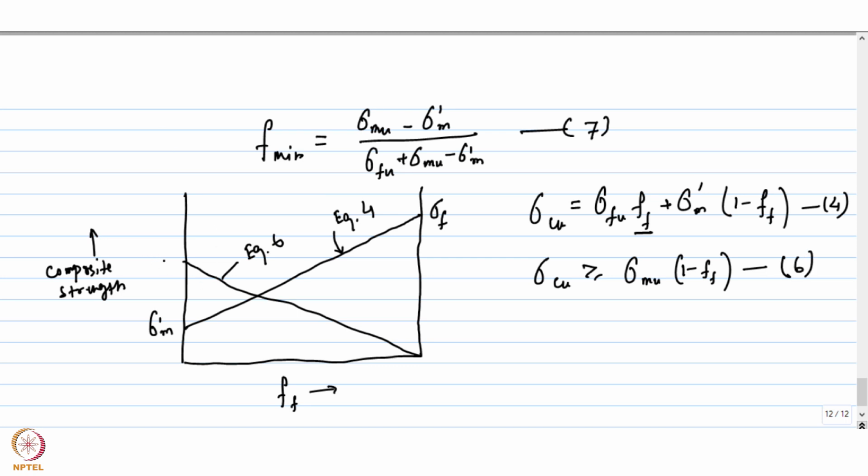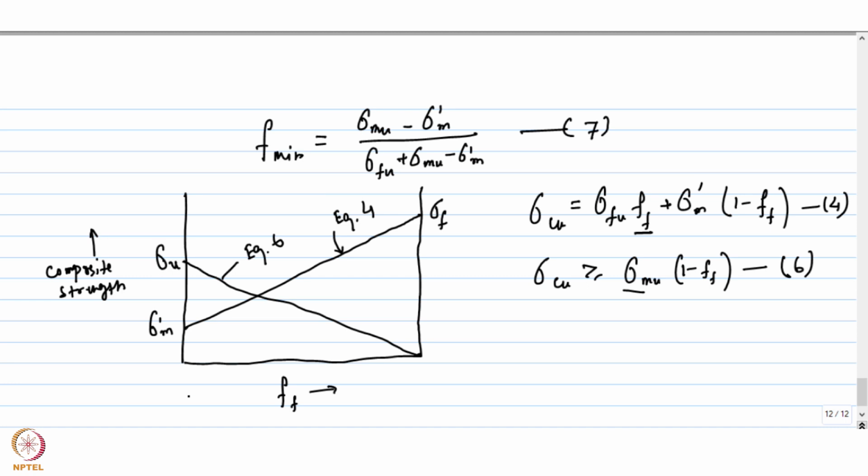So when Ff is equal to 0, it is simply the ultimate tensile strength of the matrix. That means this intercept is sigma u or sigma mu, right, as you could see from here. And when the volume fraction is equal to 1, then this becomes 0, as you could see from here.